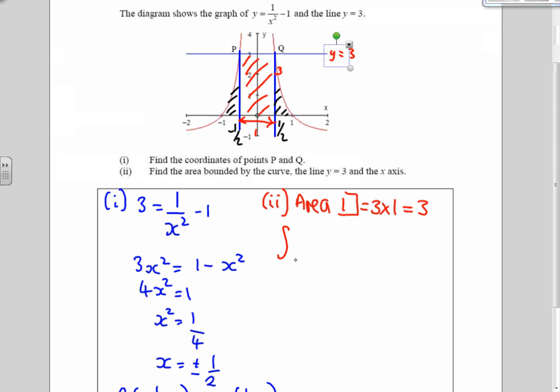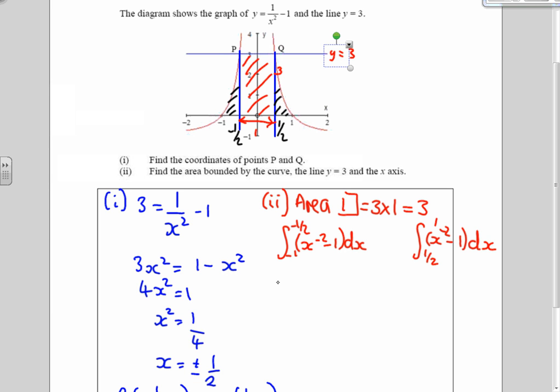So I'm integrating between minus 1 and minus a half of x to the power of minus 2 minus 1 dx. And I'm also going to be integrating between a half and 1 of x to the power of minus 2 minus 1 dx.